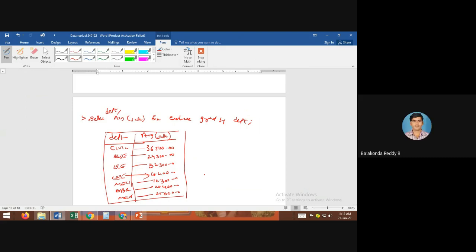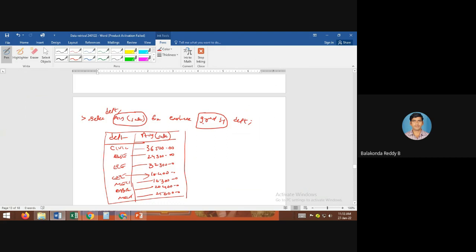Listen, the most important note here: if you are using group by class, we must use any one of the aggregate functions in the select list. For what purpose are we grouping?